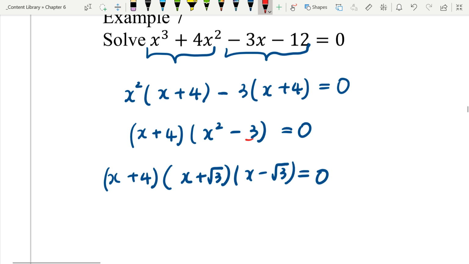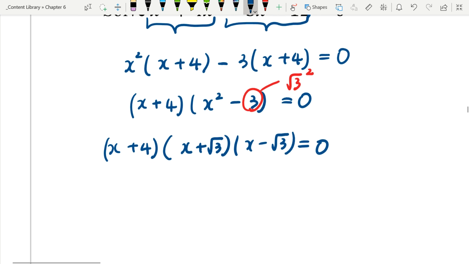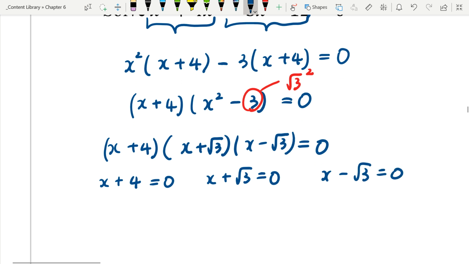Because we can make 3 become root 3 squared, and then we use the difference of squares, a squared minus b squared. So it's x plus root 3 and x minus root 3. Okay, 3 linear factors, good enough. We solve by the factor law. That's the 3 things we have.